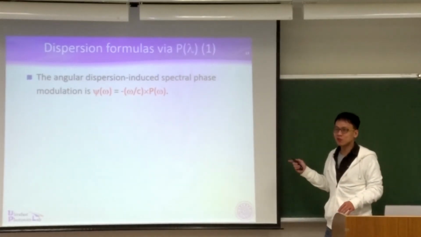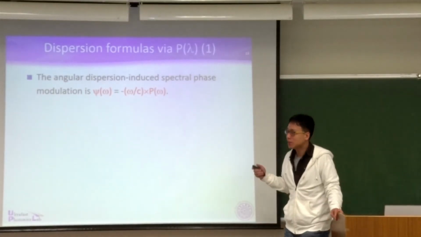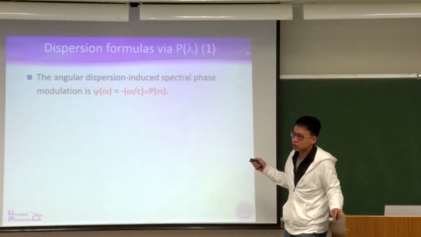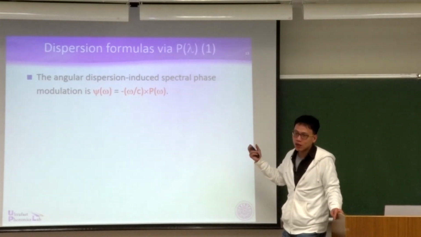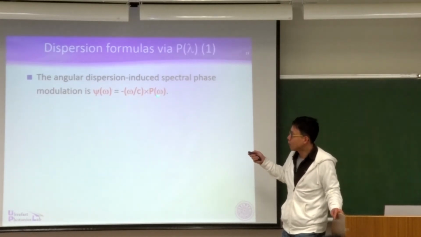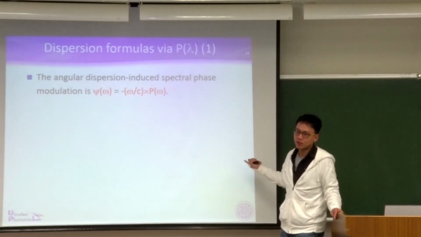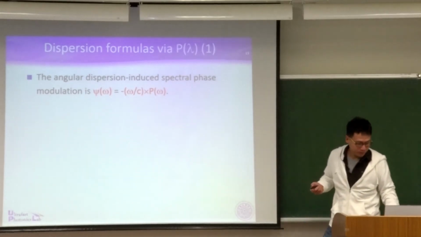Is it okay for you? 相位就是 wave number 乘距离，现在只是把距离 generalize，从 constant 距离变成 wave frequency dependent path length. That's it.